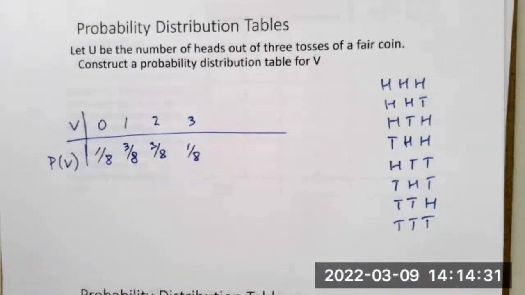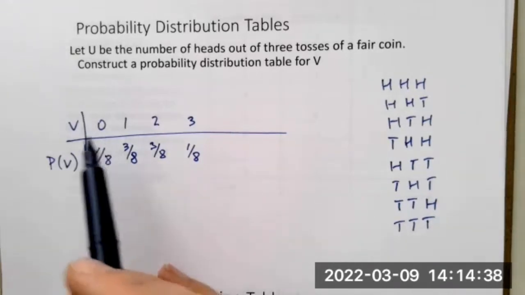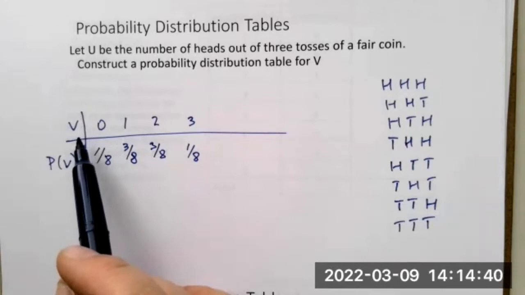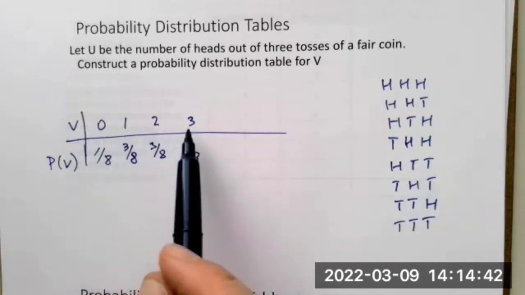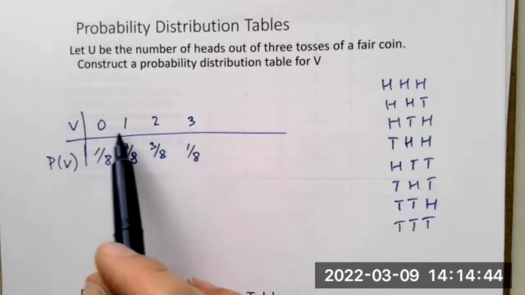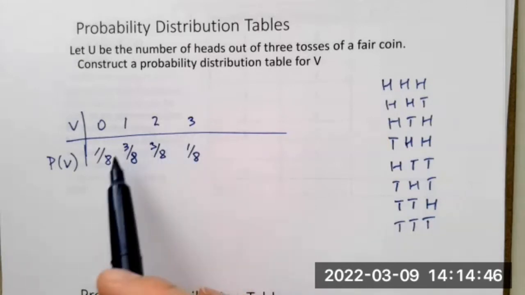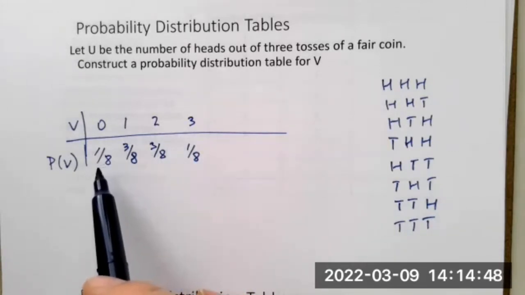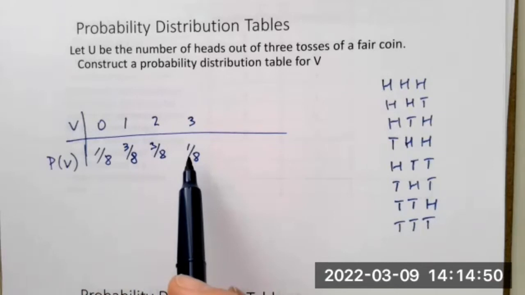Okay, an interesting property of the distribution table. Since we're listing all the sample space, so basically all possible outcomes, it makes sense that the sum of the probabilities will equal 1.